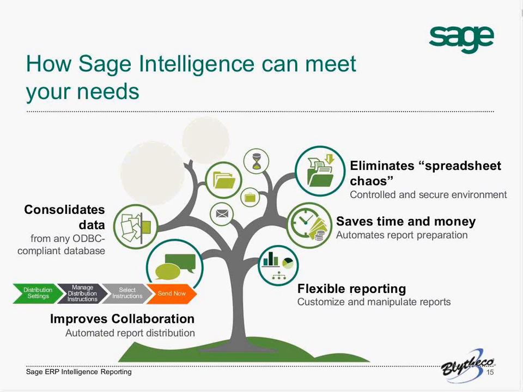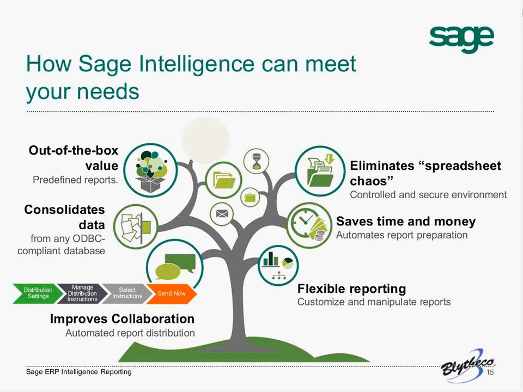Also, consolidate any type of data from across your entire network, not just your Sage data, but any data that's important to you that needs to be on that report. Because we have predefined reports, there are quite a few options that you have immediately to get going.